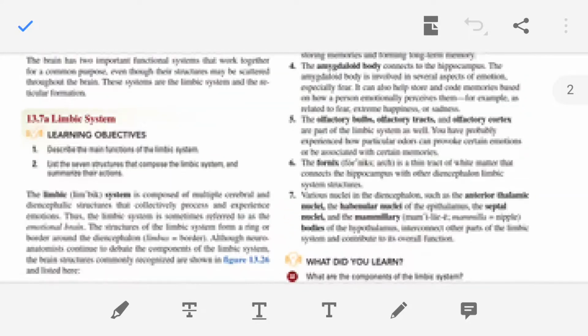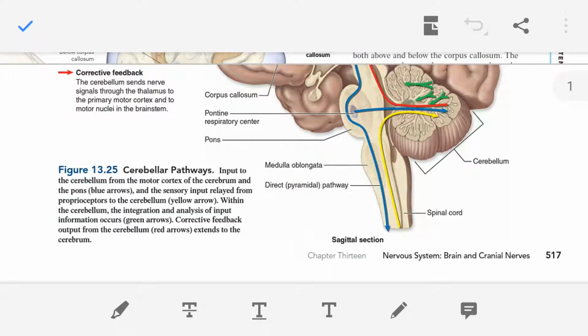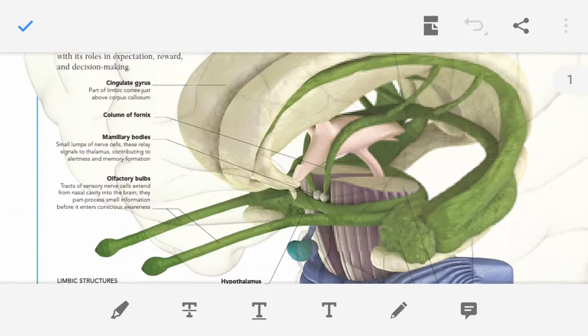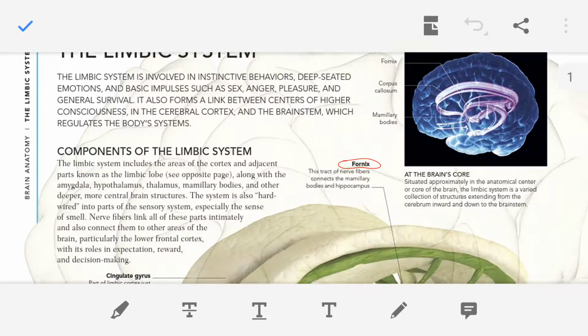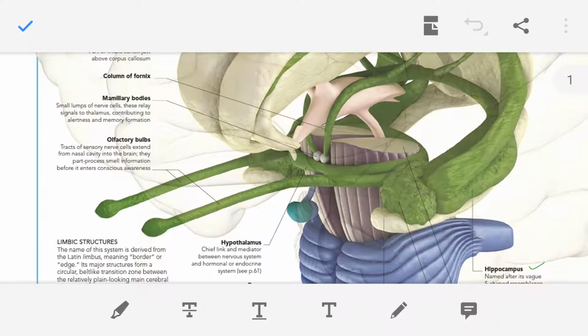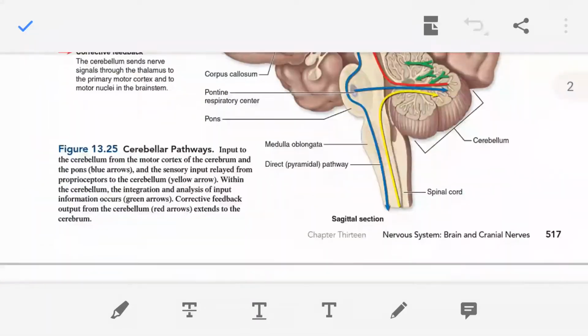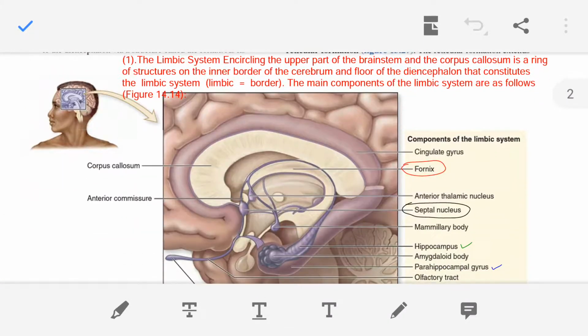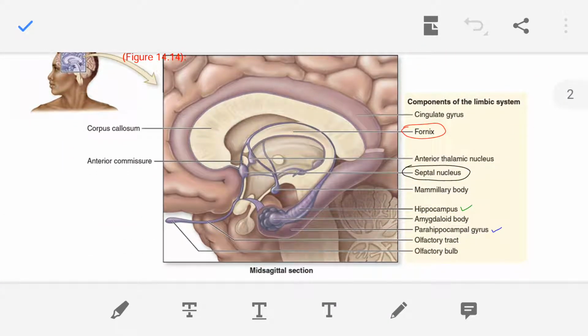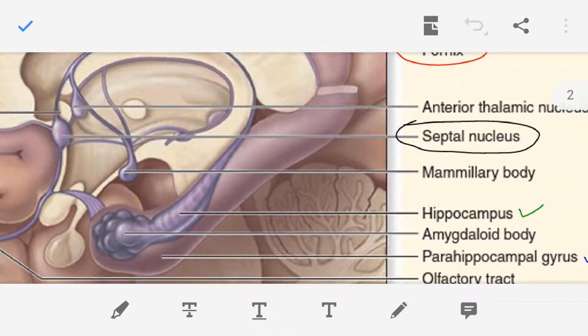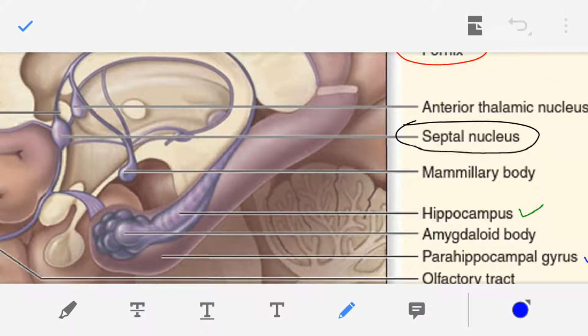So let's look at it in some other figure. Over here you see septal nucleus, this part.